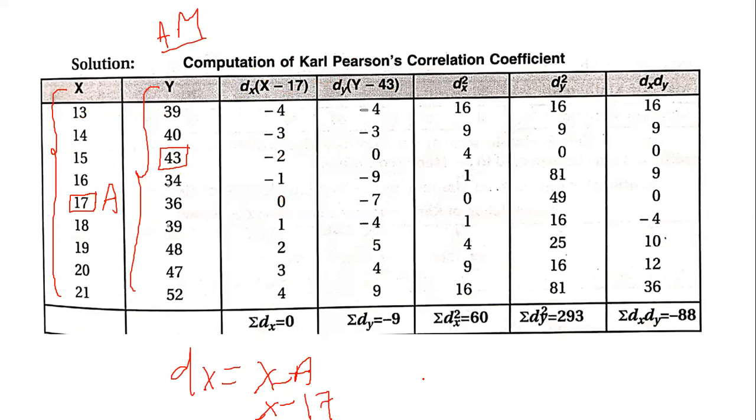Now after this, find the deviations for y, that is dy is equal to y minus a. Here we have considered a to be 43.